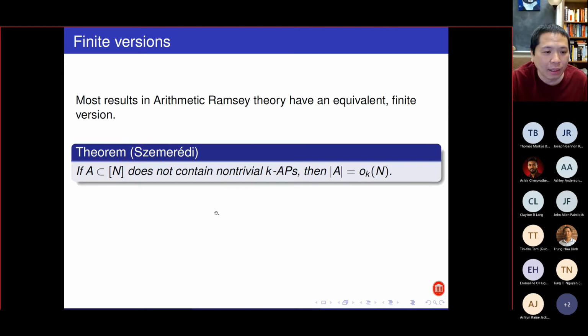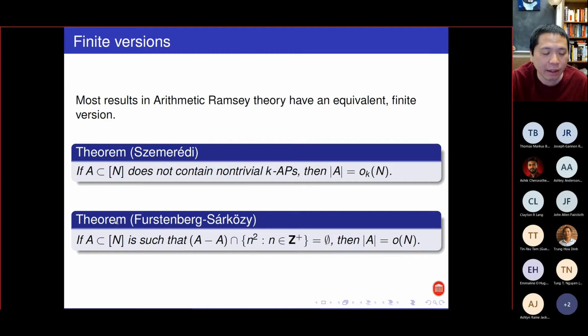Szemerédi's theorem says that if we try to avoid k-term arithmetic progressions, then the size of your set must be o of n, meaning that if we divide the size of A by n, then it will go to 0 when n goes to infinity.